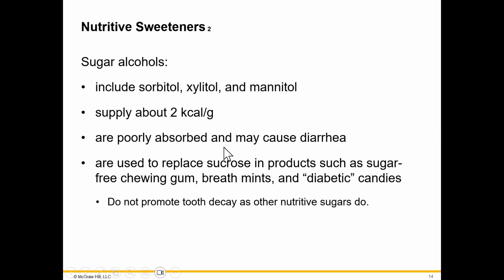Another interesting fact about these sugar alcohols is that because they are poorly absorbed, if you eat a high amount, it varies from person to person, but I have found that patients who eat more than about 10 to 15 grams of sugar alcohol at any given sitting can experience diarrhea and stomach upset.